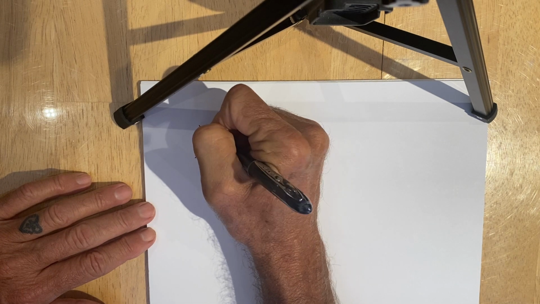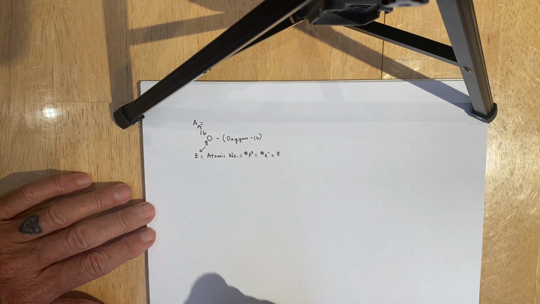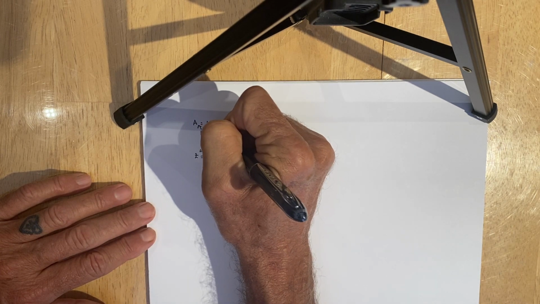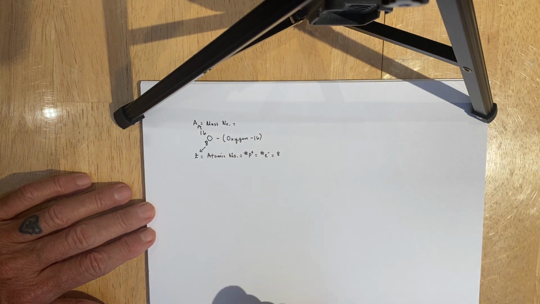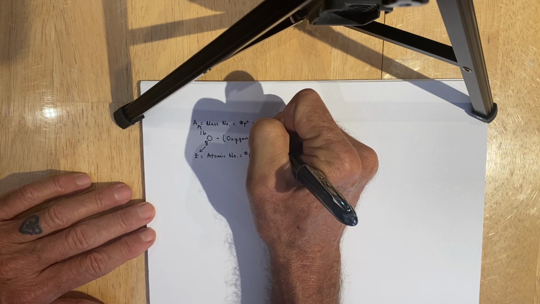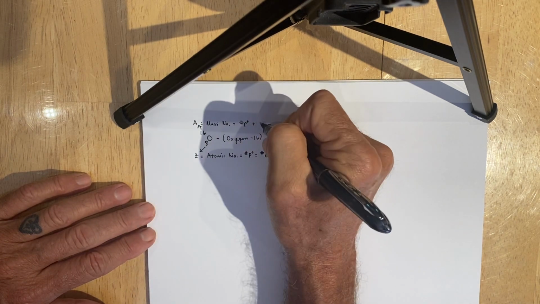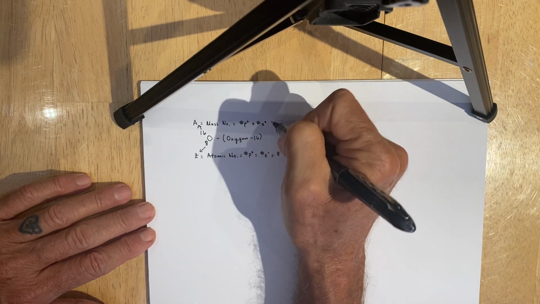16 is what we affectionately refer to as the A value, which is the mass number, which is equal to the sum of the protons, which are positively charged, plus the number of neutrons, which have no charge.